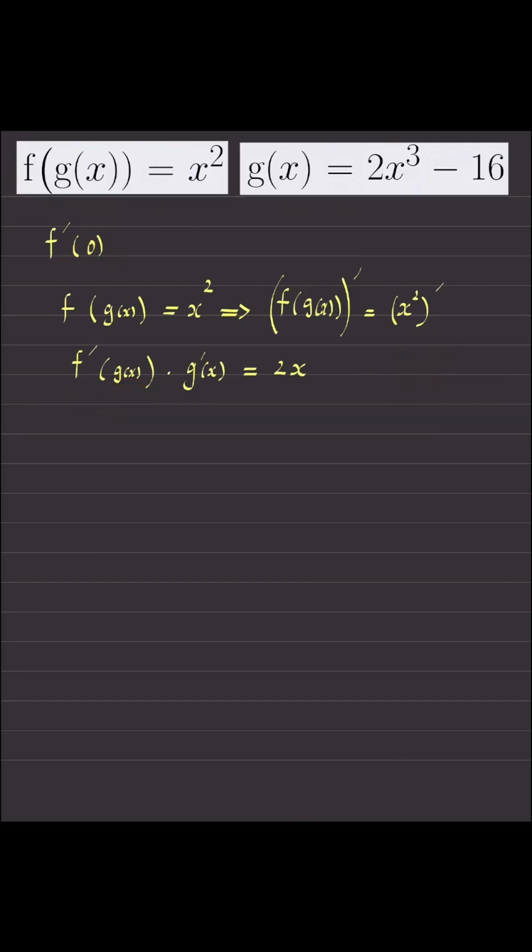So this motivates me to ask for which value of x g of x is 0, and this is very easy to solve because g of x is a very simple polynomial. 2x cubed minus 16 equals 0, so 2x cubed is 16, which means x cubed is 8, and finally x is just 2.